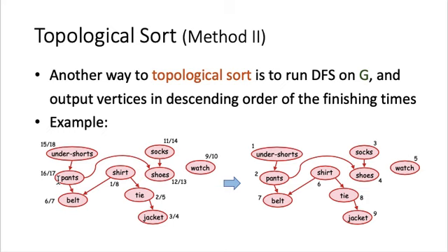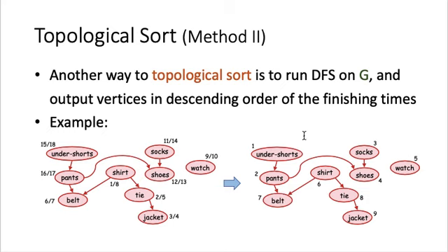This is 17, the second largest finishing time, so we will mark it as 2. We don't have 15, 16 because these two are discovery times, so we'll just ignore them. The next one is 14, the third largest finishing time, so we will mark the topological sort order as 3, and so on and so forth.